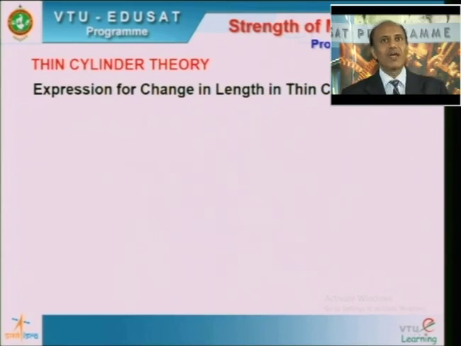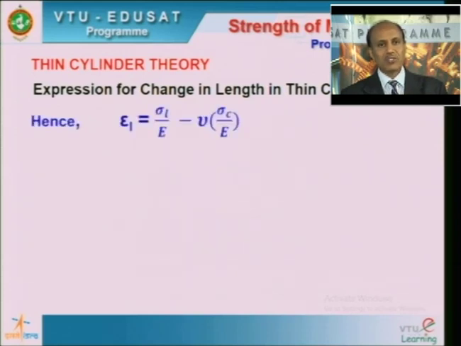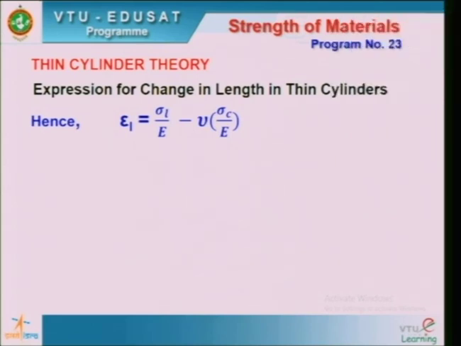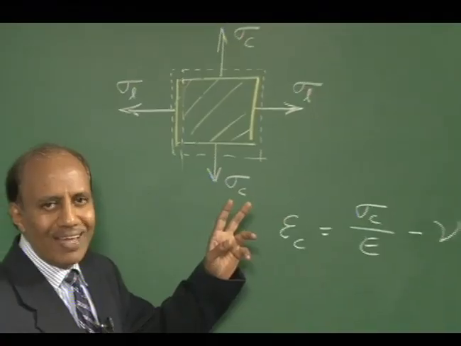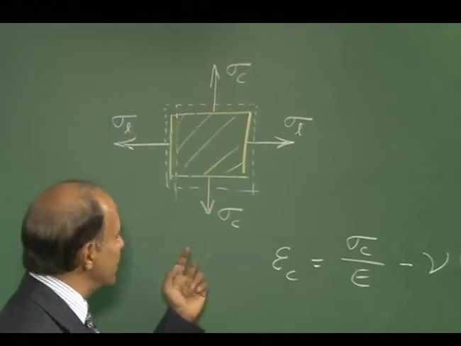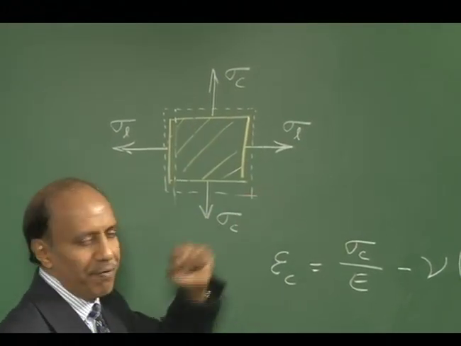In the same way, we are trying to calculate another expression for change in length. Let us see this expression, epsilon L equal to sigma L by E minus nu times sigma C by E. This is very similar to what we have done in the previous case. If I go back to the board, same diagram, in the previous case I was trying to calculate the strain in this direction, so I could say that is longitudinal strain and that is lateral strain.